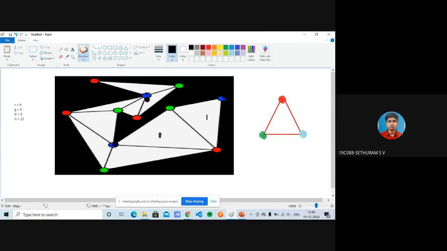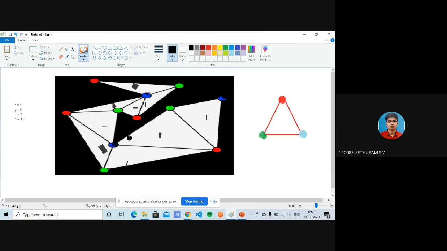But again, if we take this vertex, the triangles shared by this vertex are this one, this one, and this one. So a single camera will be enough to cover these 4 triangles, and this blue vertex will take care of this one and these 4 triangles. So what I'm trying to say is that a guard at one of these corners can see the areas covered by triangles sharing that vertex.